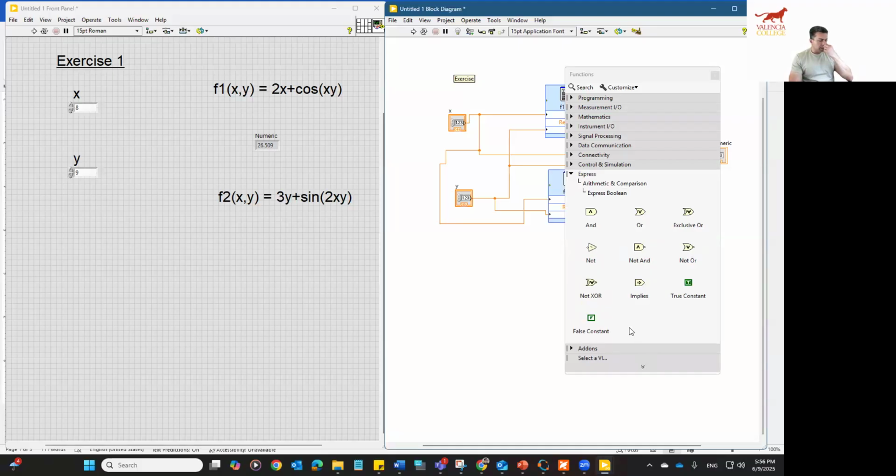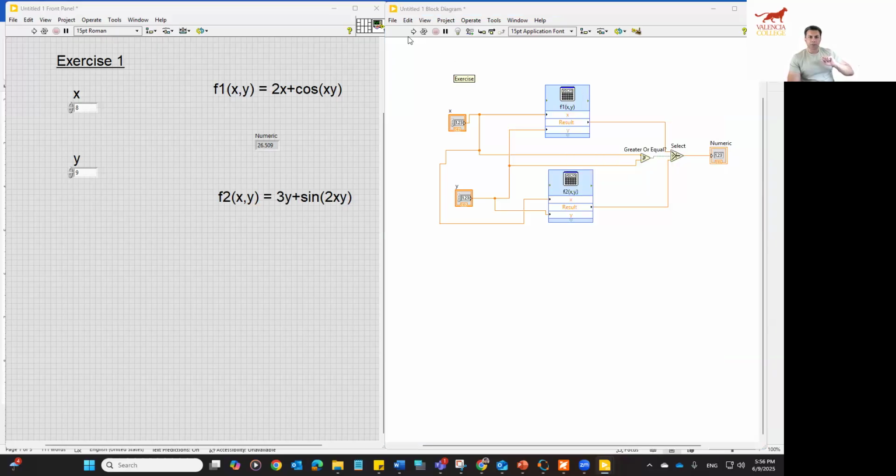And the Boolean library, as I mentioned, most of the time we are using in conjunction with your comparison function, such that if two conditions are supposed to be true, then you use an AND gate. The first condition is true as well as the second condition is true, then only the output of the AND gate is going to be 1. If either of the conditions is not true, then the output is not going to be 1.